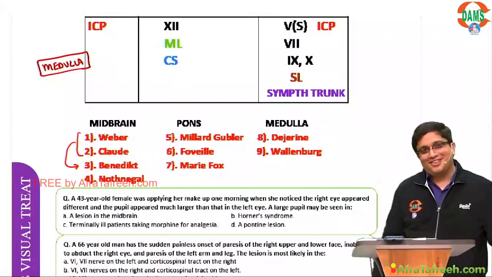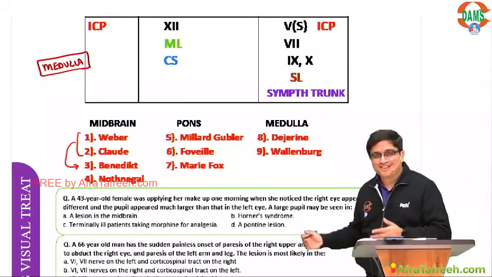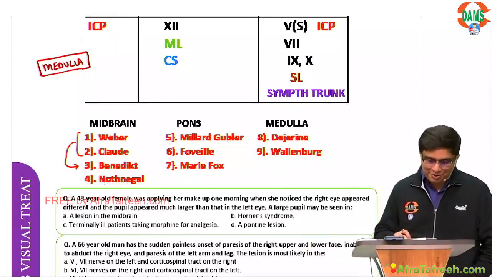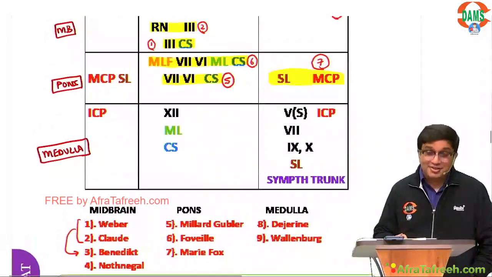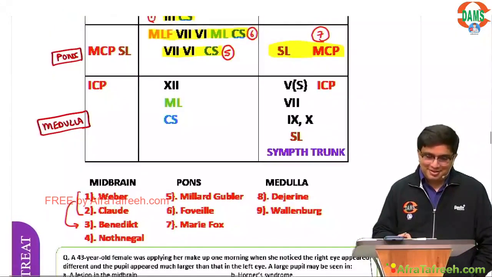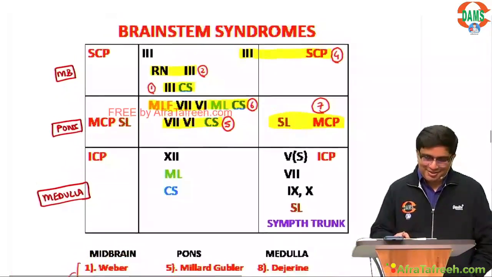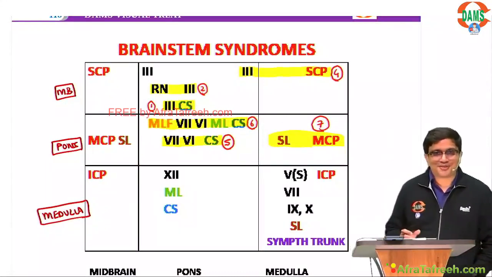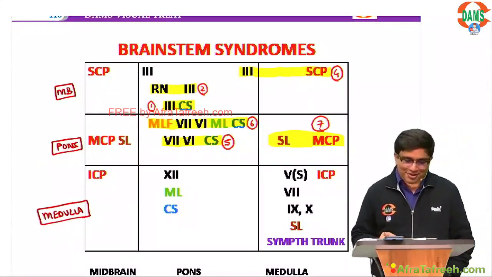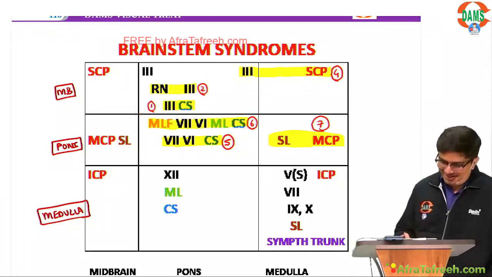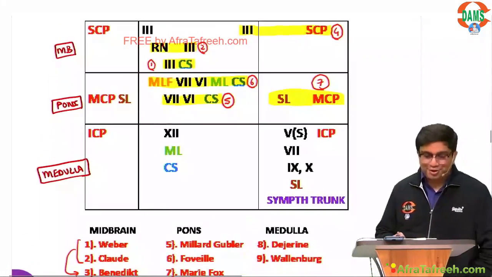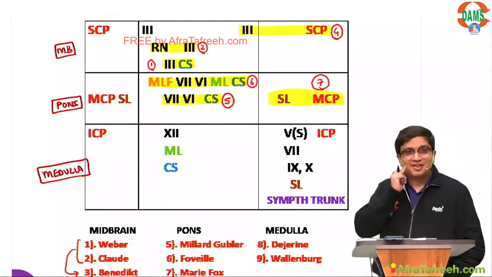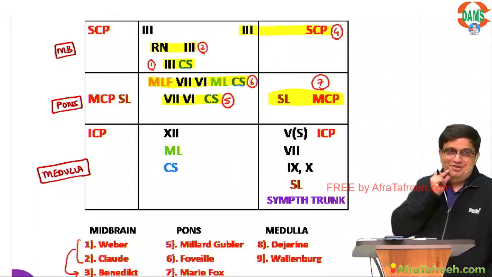This is the co-orientation of 1, 2, and 3. Keep your mind open. 1 plus 2 is 3. That's Benedict. The third cranial nerve and the superior cerebellar peduncle is number 4, Nothnagel. Number 5 is Millard-Gubler. Number 6 is Foville. Number 7 is Marie-Foix.